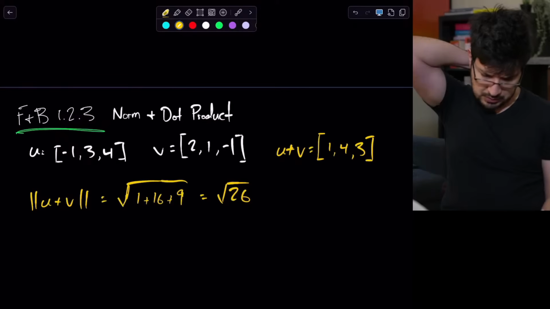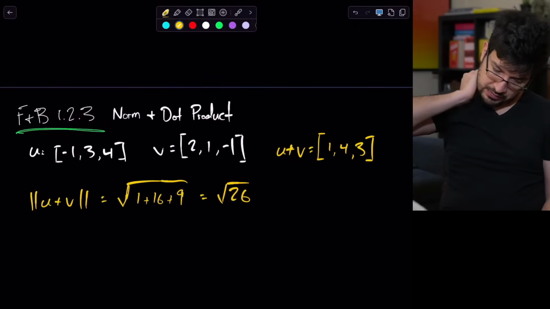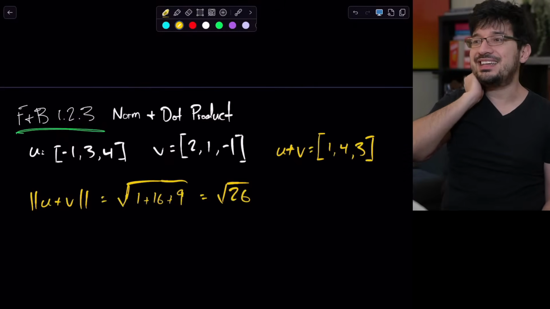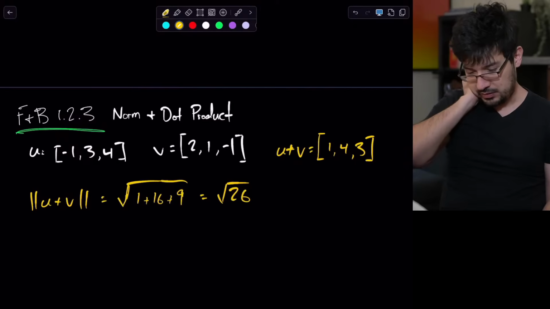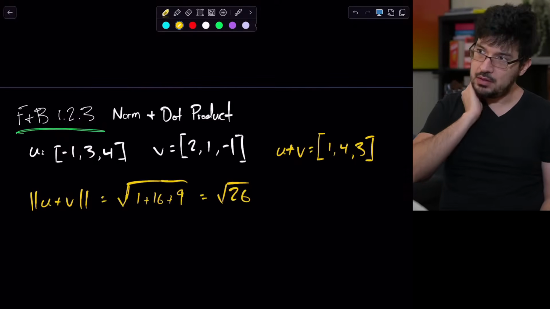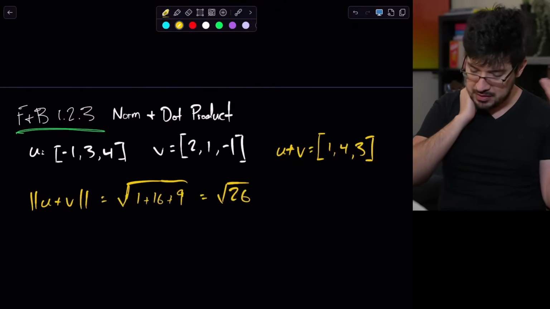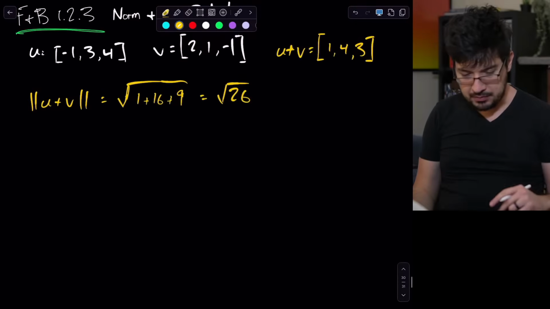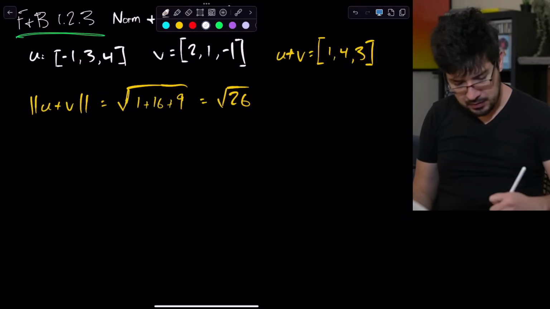Oh yeah, U is -1, 3, 4, and this one is 1, 4, 3. So the coordinates are kind of swapped, but it's the absolute value of the same numbers. -1 and 1, the squares are both going to be +1. All right, whatever. Let's keep moving.